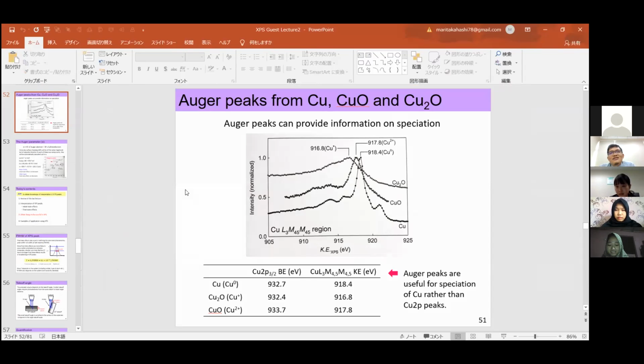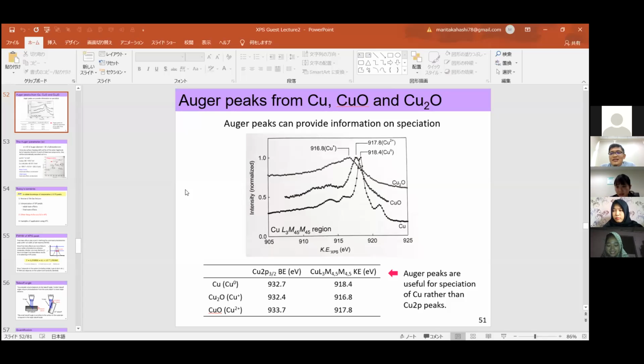But in the case of my first sample in 2016, the Auger electron came up with the iron peak. That made us get difficulties to analyze the peak.